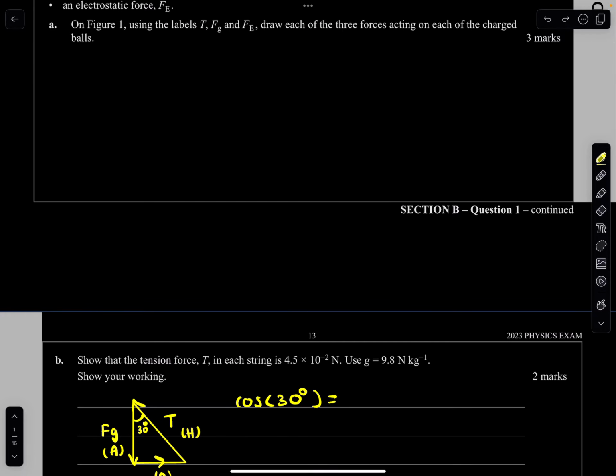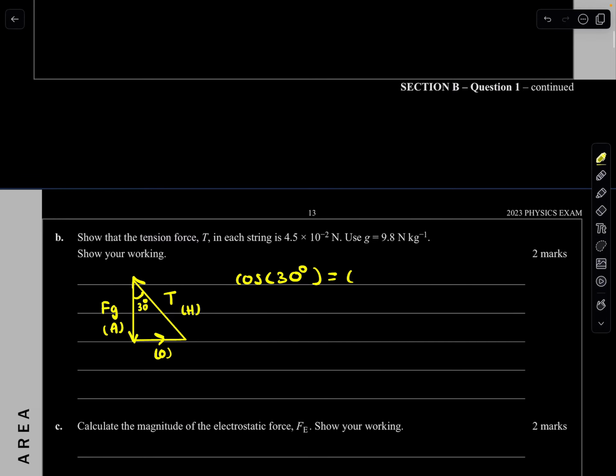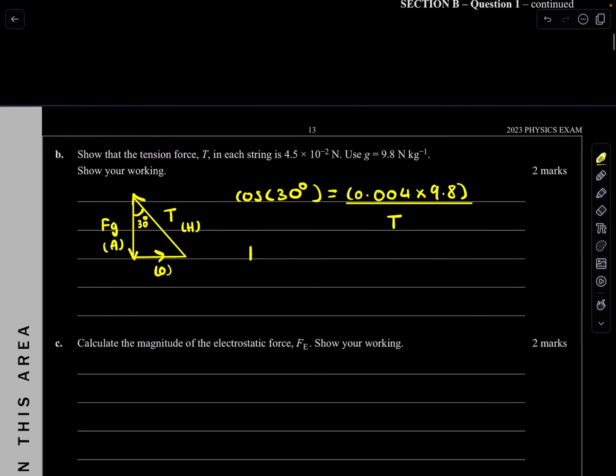So 4 divided by 1,000 to make sure it's in kilograms is 0.004 times 9.8, over your tension. Hence, your tension force is 0.004 times 9.8, all being divided by cosine 30.